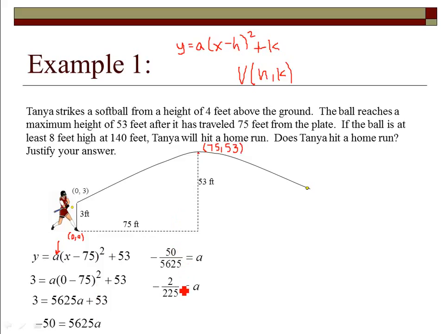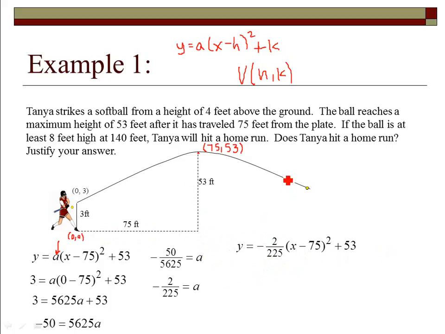You get negative 2 over 225. That means my equation is y equals negative 2 over 225 times (x minus 75) squared plus 53. This is based on x being the horizontal distance traveled away from her, and y being the vertical height.